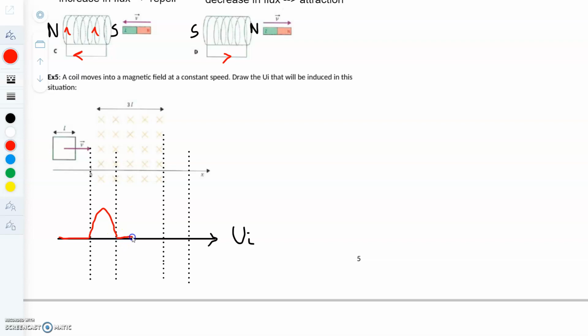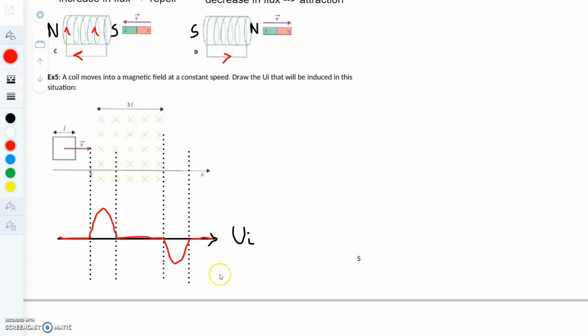Why? Well, it is moving alongside a homogeneous magnetic field, and that doesn't cause any changes. Until, of course, it is ready to move out of the field again, you would create a decrease in your magnetic flux, and you would get sort of the opposite voltage compared to the first length of it moving in, followed, of course, by no change at all once it is completely out of it.